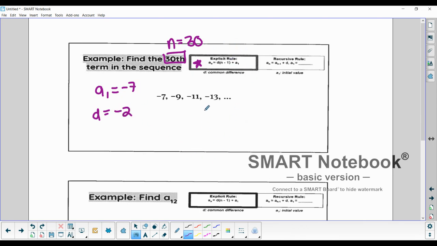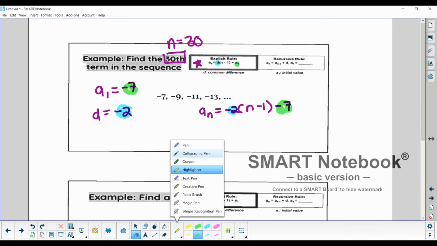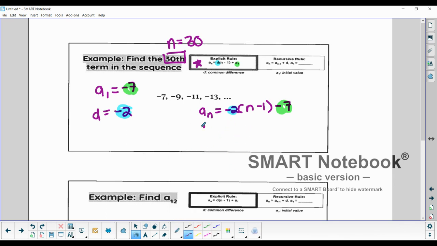So let's set up our explicit rule. A sub n equals -2 times n minus 1 minus 7. So again, I'm just putting in D and A sub 1 into the correct spots of the explicit rule. And if I want to find the 30th term, I'm going to do a sub 30 and plug in 30 for n. 30th term means n is 30.